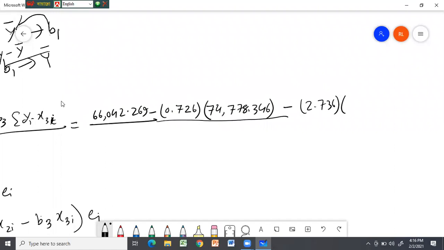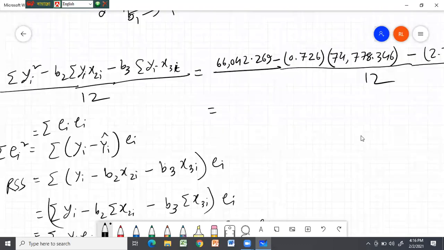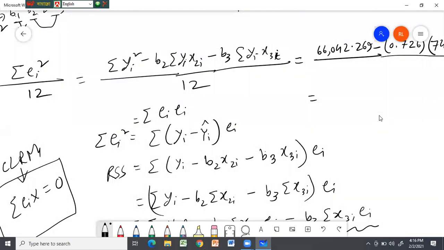And this would be multiplied with sum of yi into x3i, which is 4,250.9. And in the denominator, you have 12. Now calculate the value.